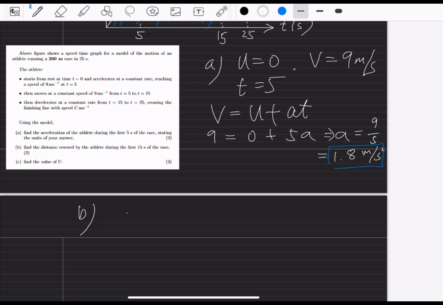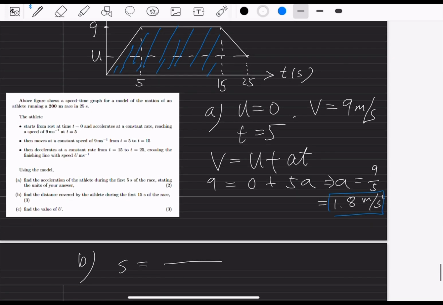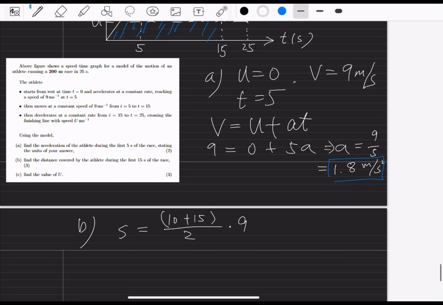The top side is 15 take away 5, which is 10, and the bottom side is 15. Add these together, divide by 2, times the height of the trapezium, which is 9 meters per second. If we calculate this, we have 112.5 meters. That is the distance the athlete covered in the first 15 seconds of the race.